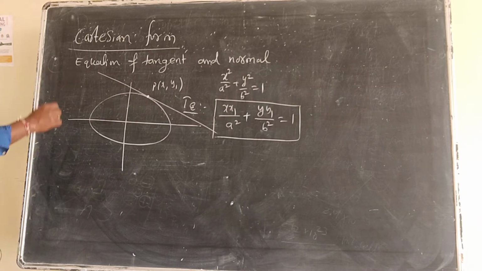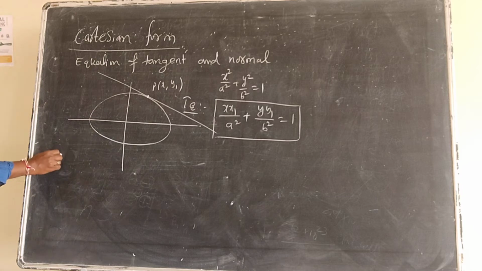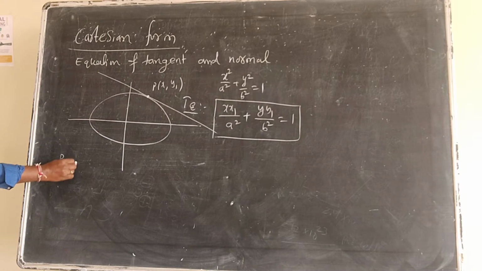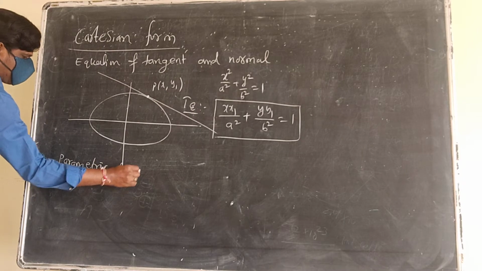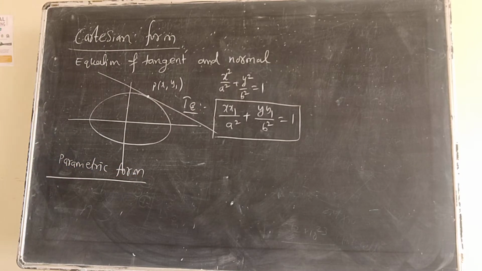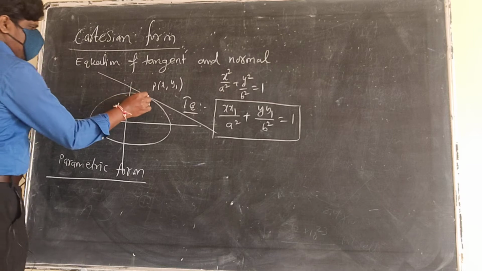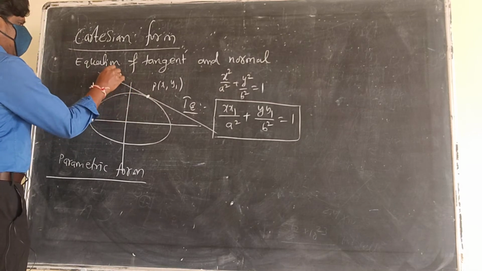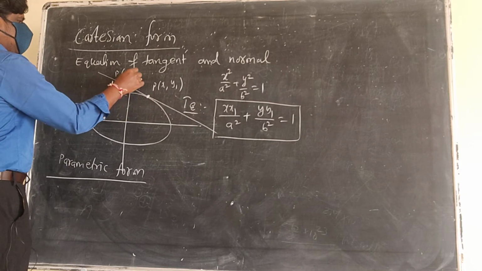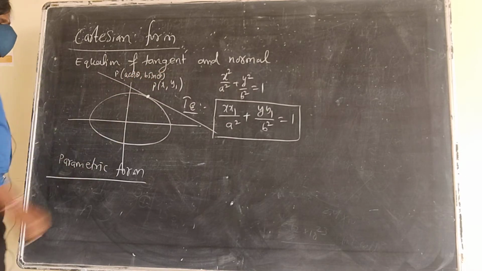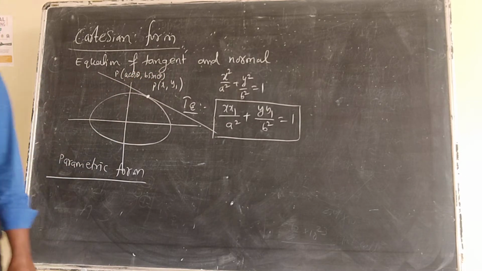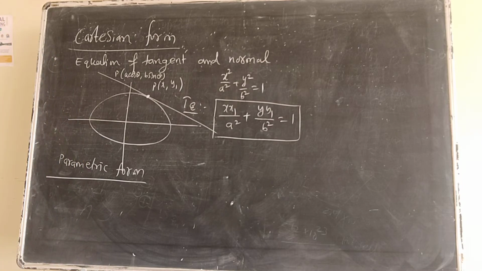Now the equation of the tangent in parametric form. When it is given in parametric form, the parametric point on the ellipse is (a cos θ, b sin θ).